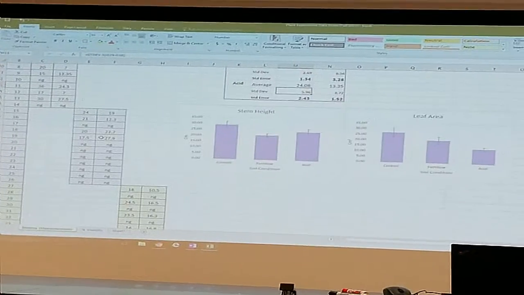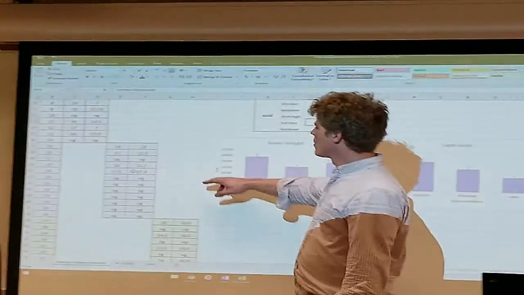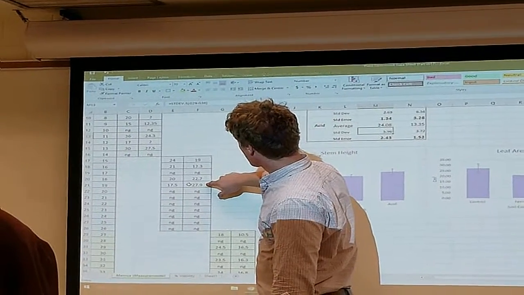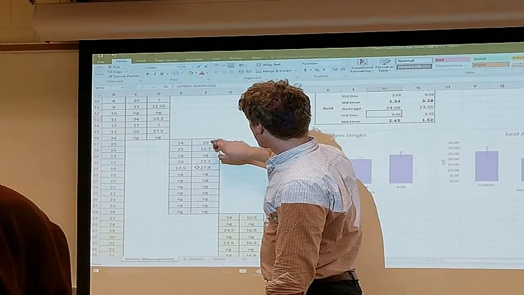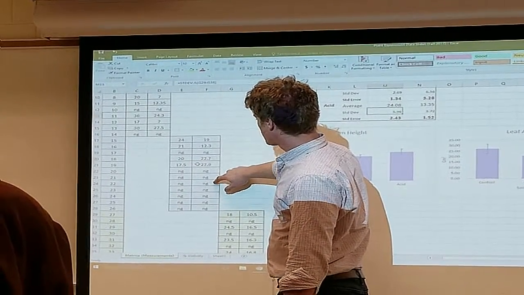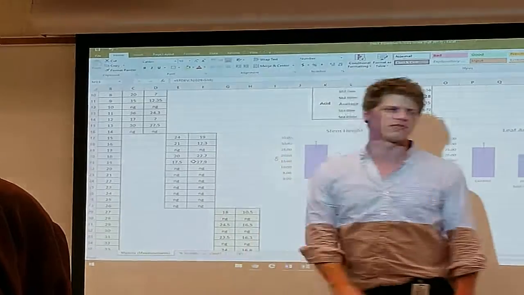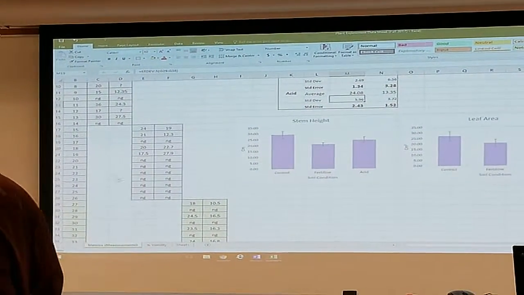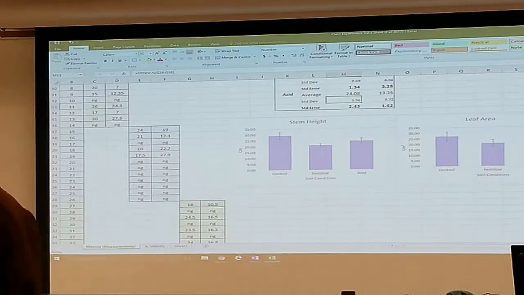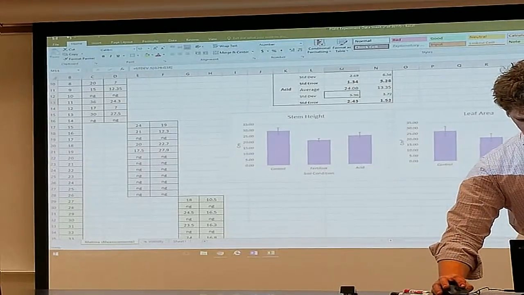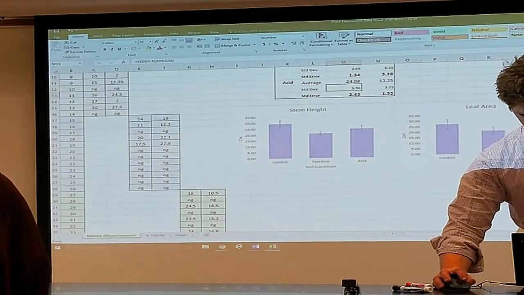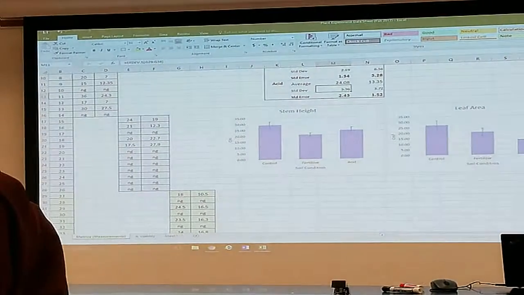Then this next one here for the fertilizer group, we had 1, 2, 3, 4 out of 12 made it, which is kind of surprising. So 4 divided by 12 is 33%.